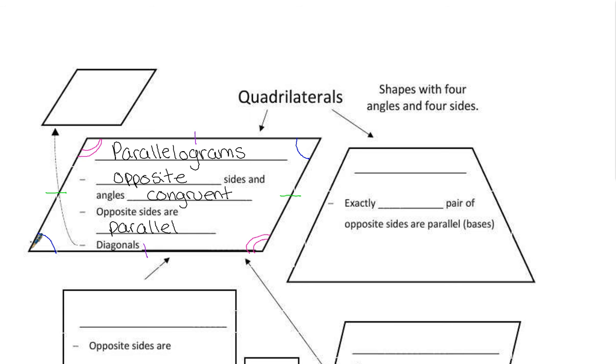And the last blank we have is diagonals bisect. So we're going to follow our little arrow up here. So if we bisect the diagonals, you can use a ruler if you need to. This side of our bisector is going to be congruent to this side.